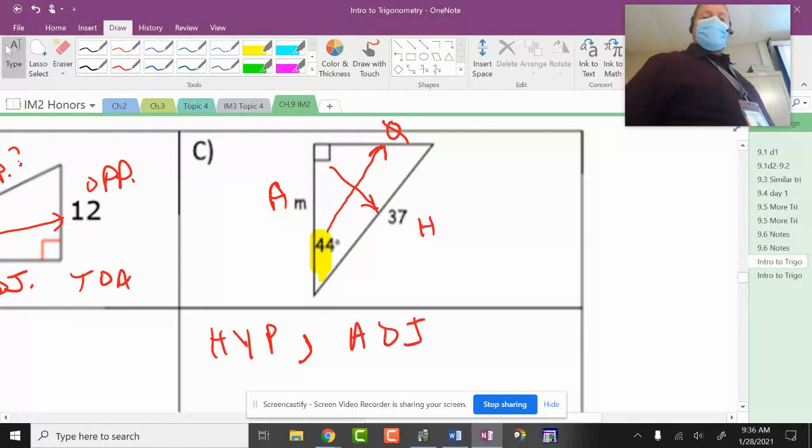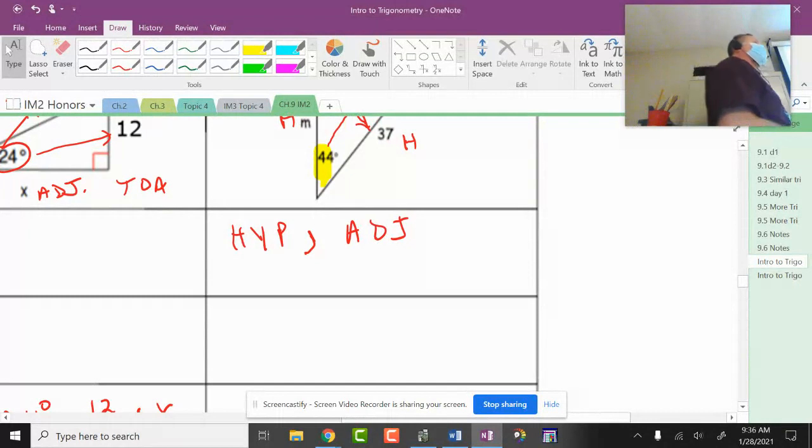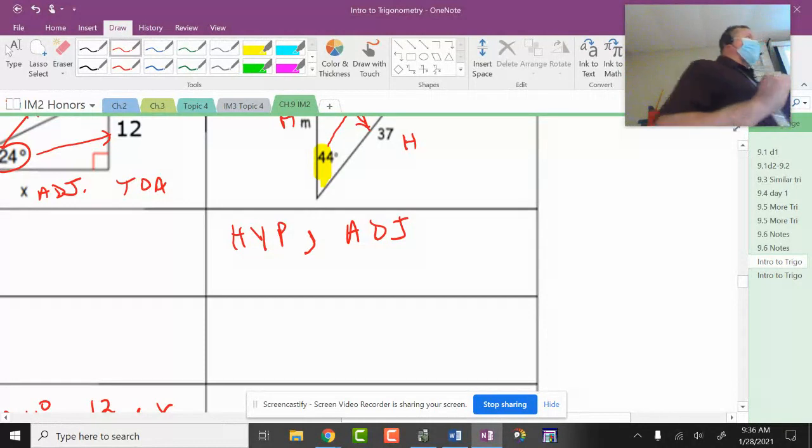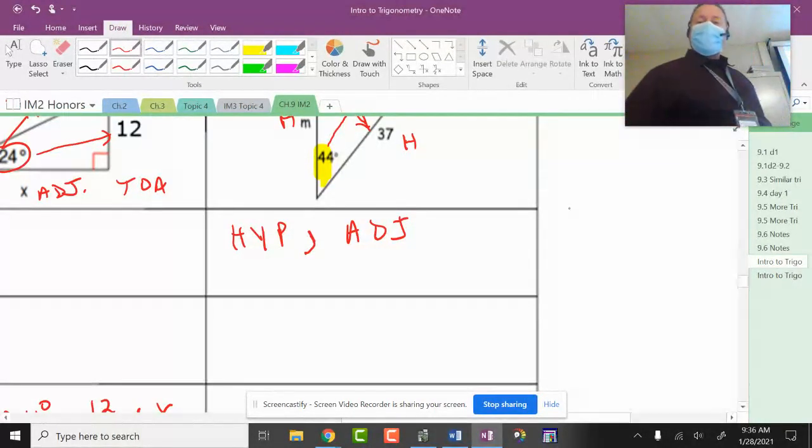Which one is that? SOH, CAH, or TOA? Which one has A and H in it? I'll write them down here. Which one has the letters that I'm dealing with here?